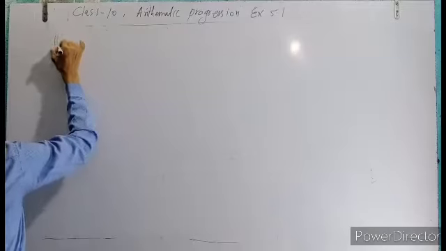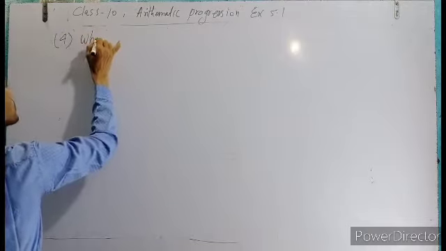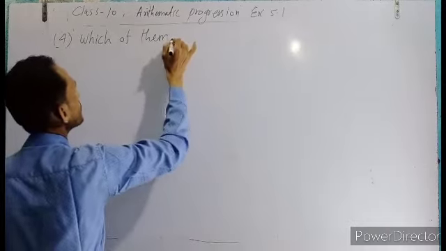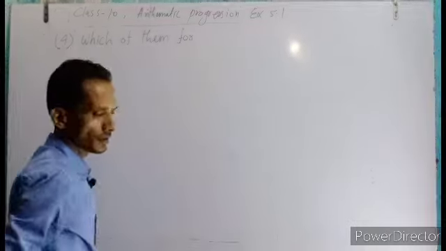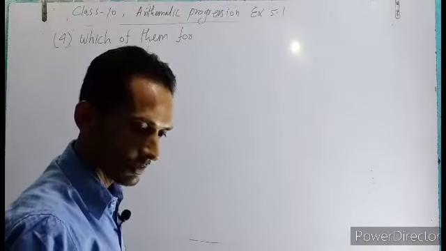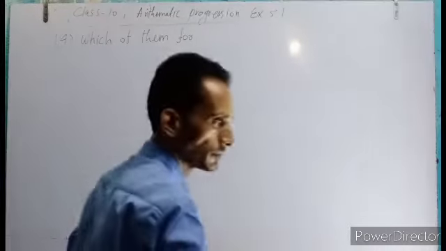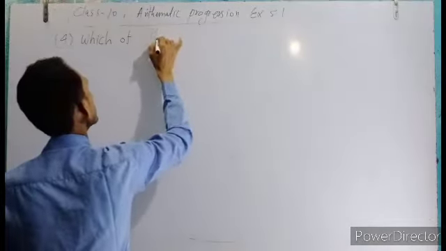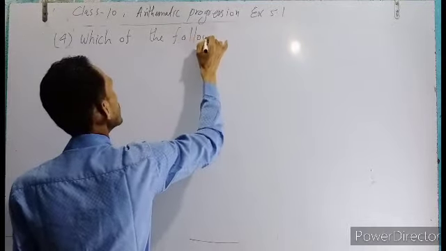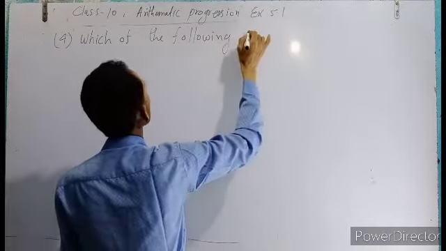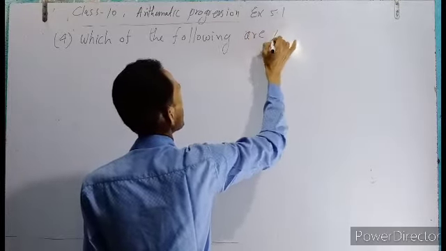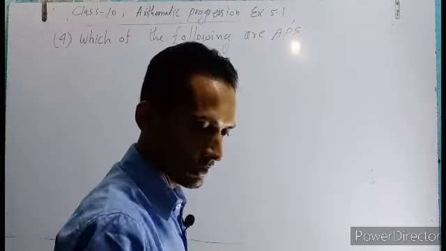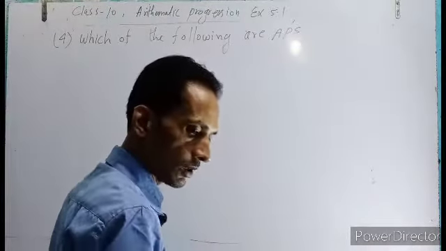Question number 4 is asking which of the following are APs. And the next question is, if they form an AP, find the common difference d.